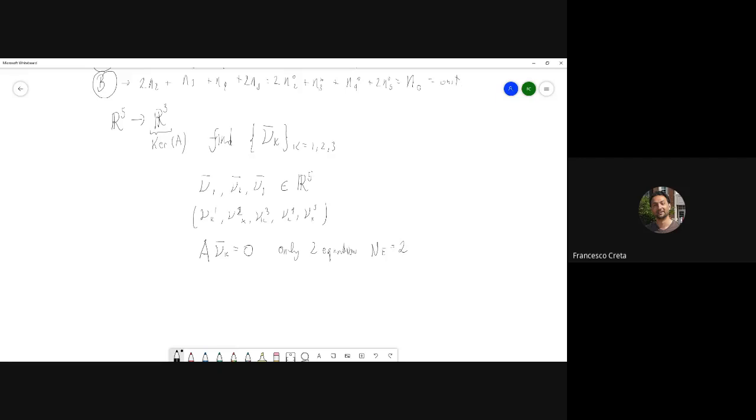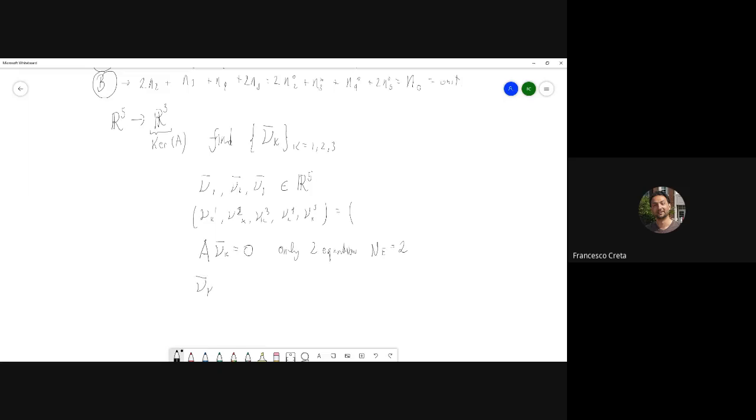As I said, each of those basis vectors has 5 components. I call those components in the following way. Let's see if I can make myself clear. Let's use the contracted notation.